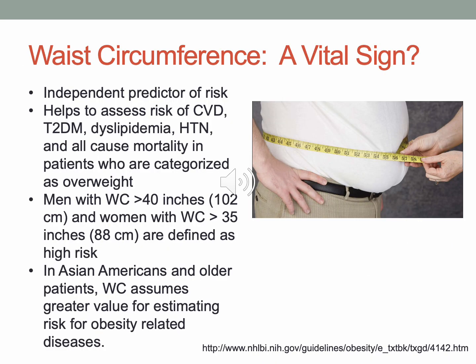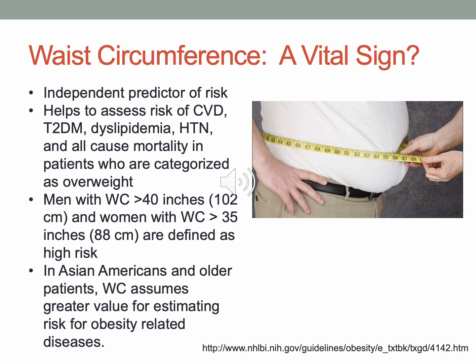Just want to talk a brief second about waist circumference. There are many practitioners who believe that waist circumference should always be a vital sign. Not a lot of physician offices do measure waist circumference. We do, and this is an independent risk factor for lots of cardiometabolic diseases.